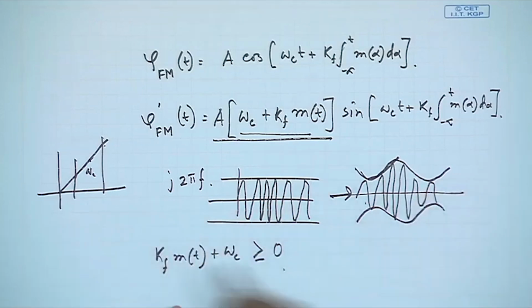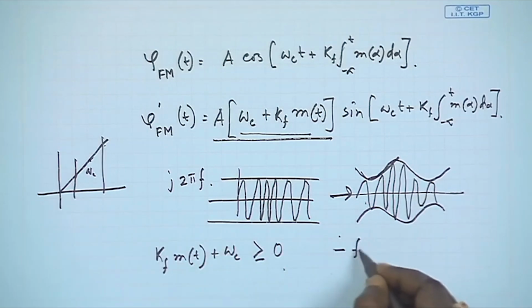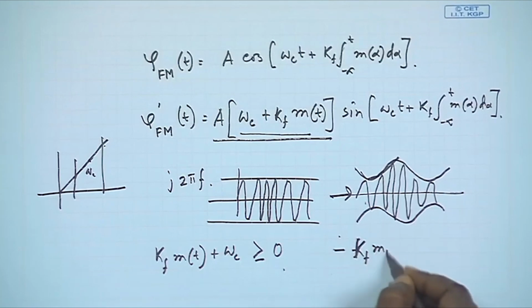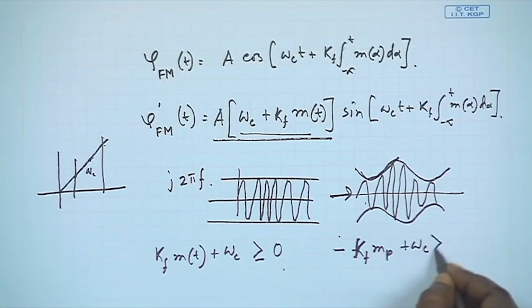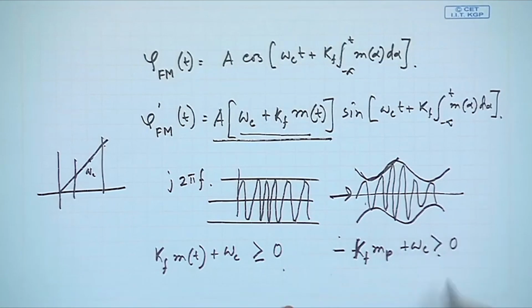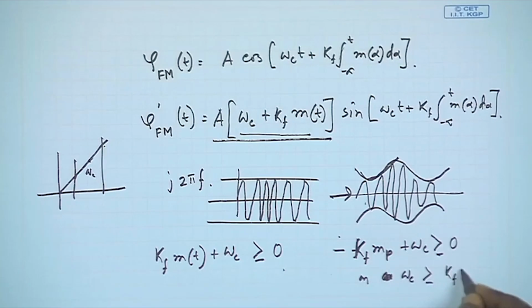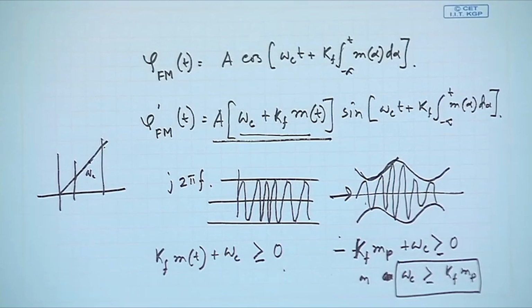Then I can write minus kf into mp, where mp is a positive number, minus of that is the minimum, plus omega c must be greater than 0, or omega c must be greater than or equal to kf into mp. So, this is the condition I get. What is kf into mp? That is the frequency deviation we have talked about.